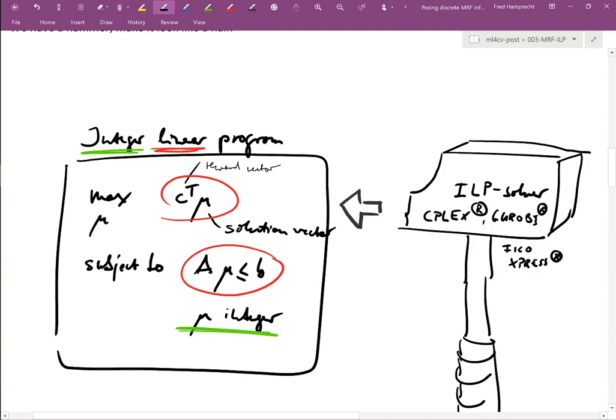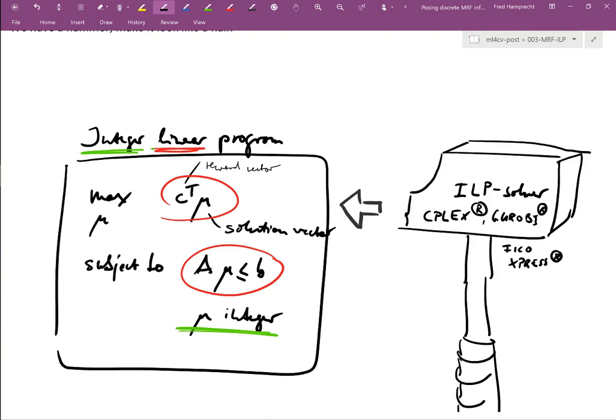We want to maximize our reward. And if I didn't have any constraints, well, then I would simply present as optimum solution a vector mu which points in the direction of my reward, but is infinitely long, because I want to get infinitely much reward.